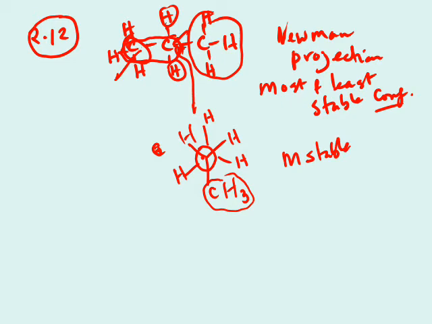If you rotate these groups, hydrogen, hydrogen, and methyl, I'm thinking about rotation like this, so that now the methyl group could be coming right in front of the hydrogen of the back carbon. So now it'll look like this.